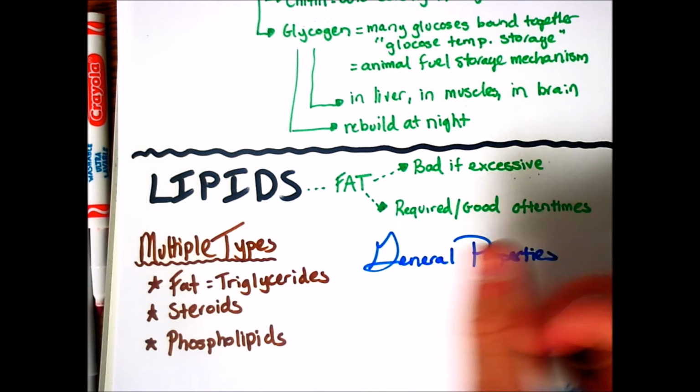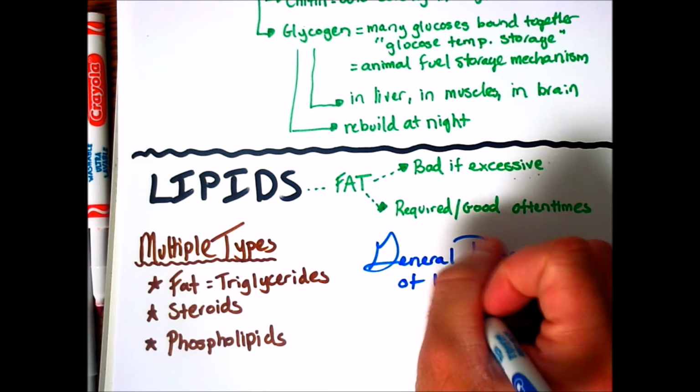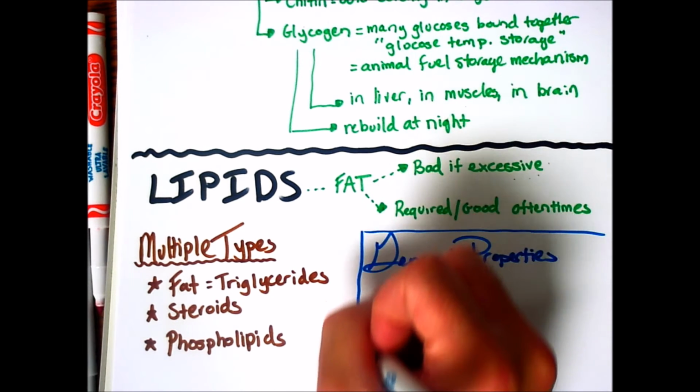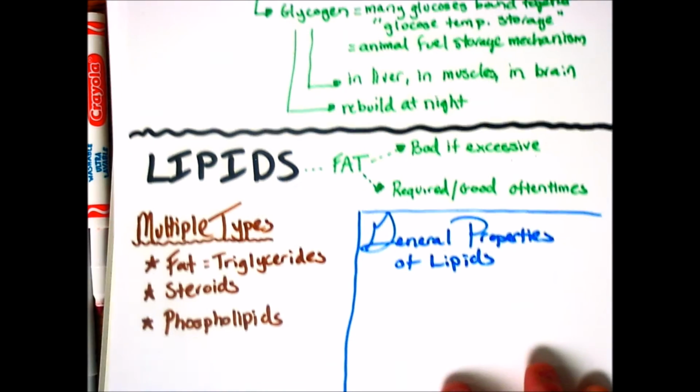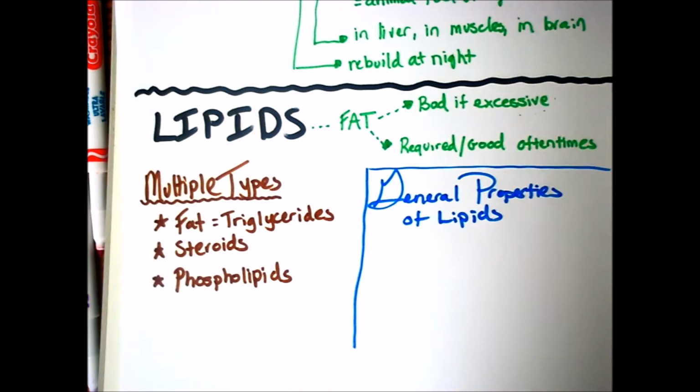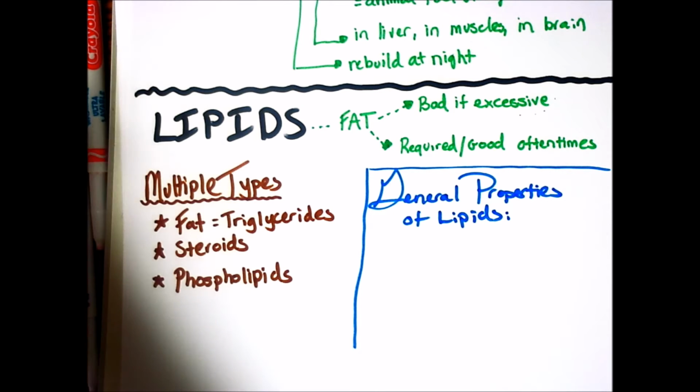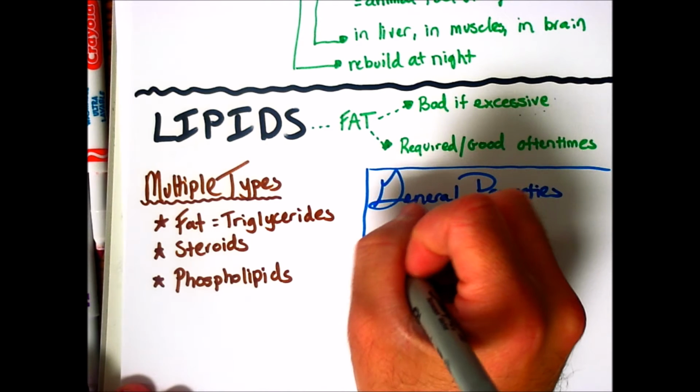What are some things that we can say all lipids have that other groups like proteins, nucleic acids, and carbohydrates don't? One thing is that all lipids have long carbon chains.